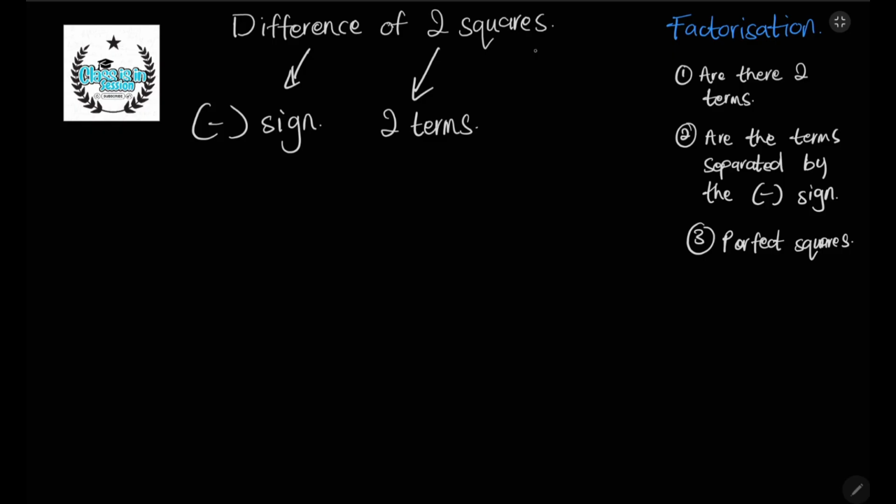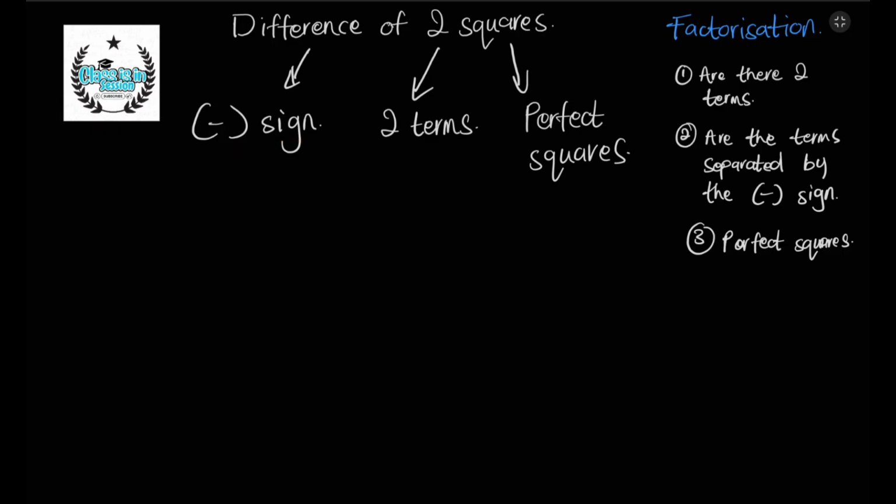Then the squares term means that both terms should be perfect squares. So you should basically have two terms that are perfect squares that are separated by the minus sign. That is what the difference of two squares means.